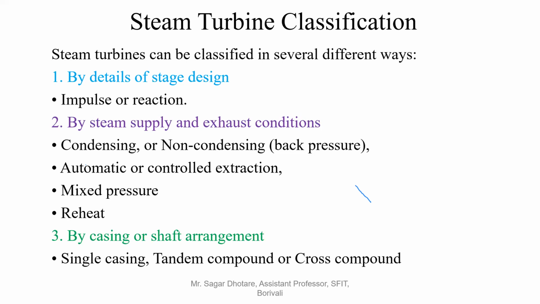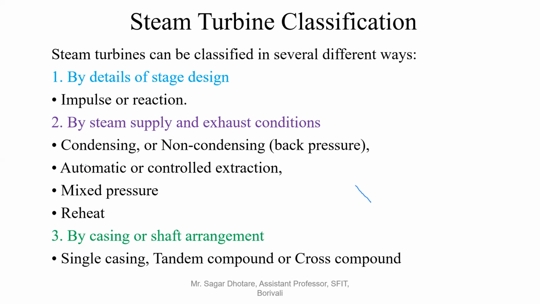According to the steam supplied and exhausting condition: condensing or non-condensing, that is back pressure. Then automatic control extraction, then mixed pressure and reheat. These are some types based on the supply and exhaust condition.